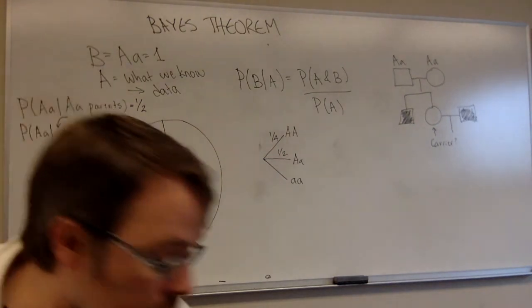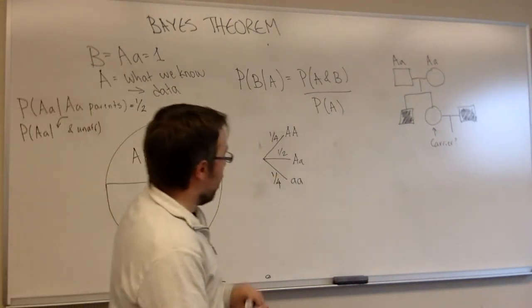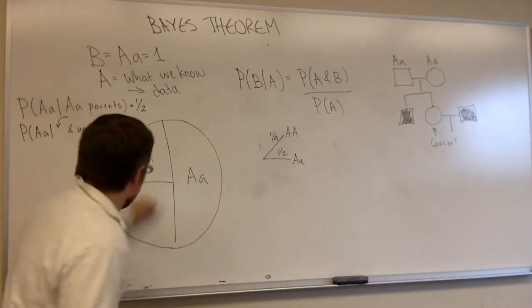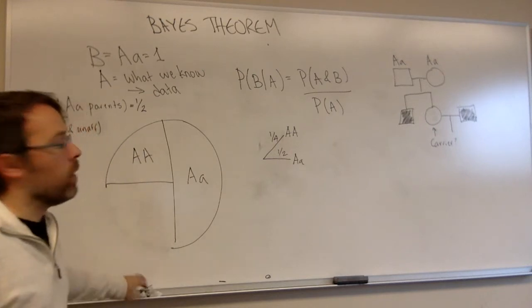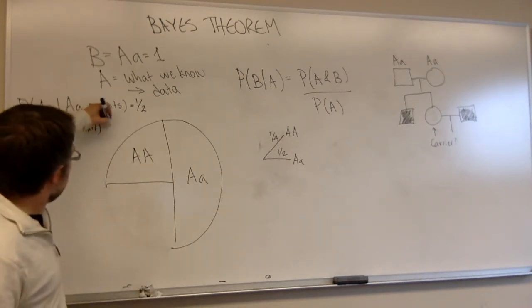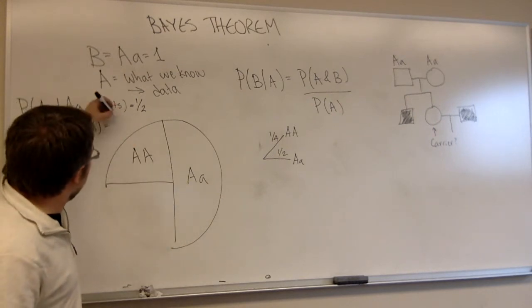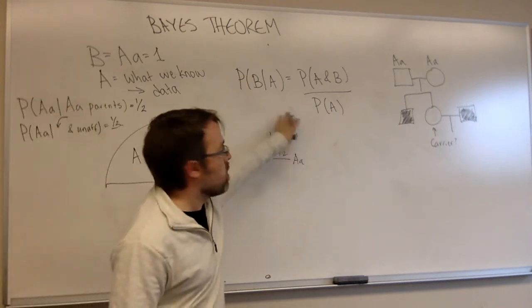And so now we can write down all our probabilities, but we can cross out little a, and we're left with the probability that they are big A little a divided by the probability that they're unaffected.